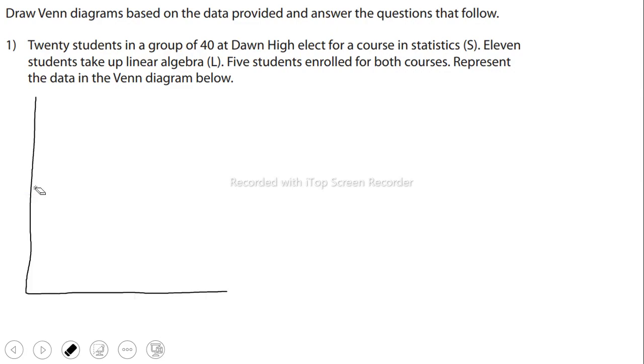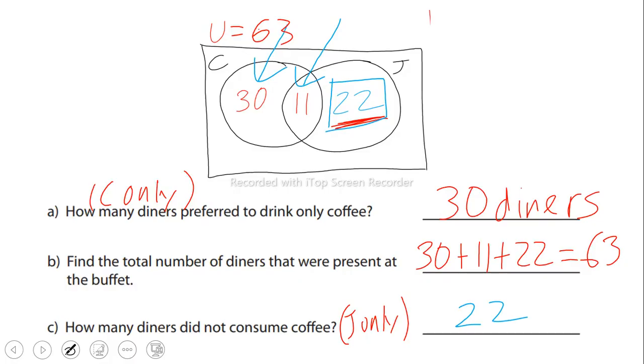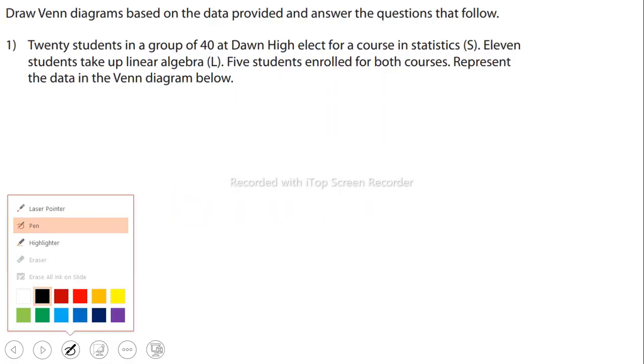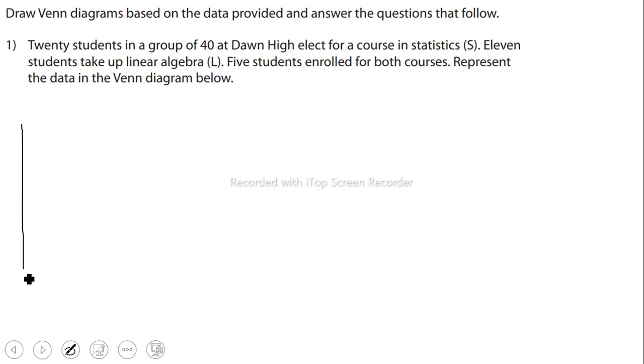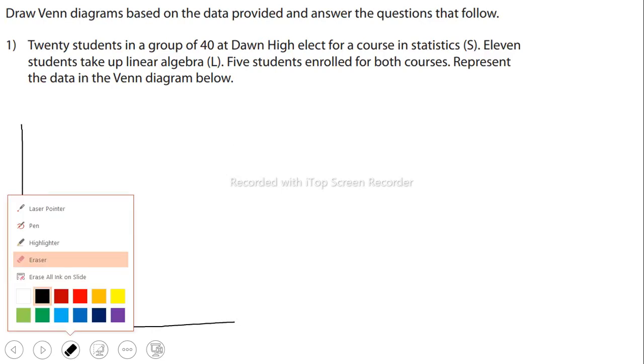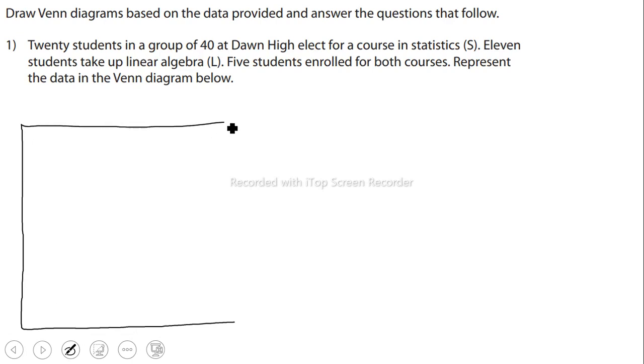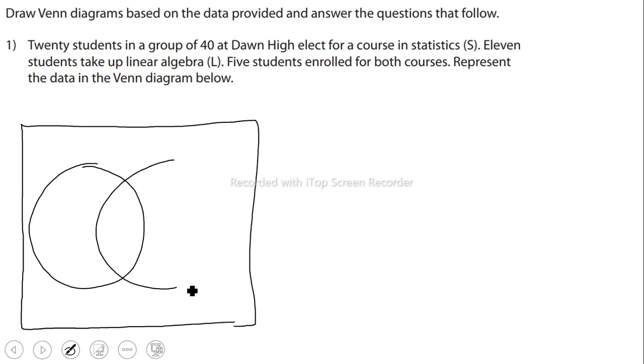I have a question. Go ahead. So that means when you add everything inside the set, you should get 40.